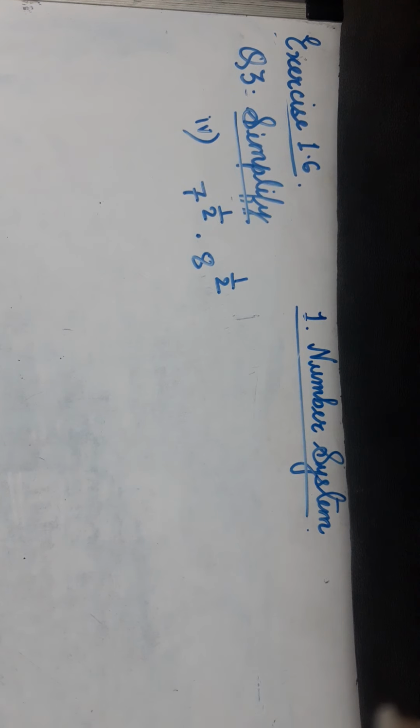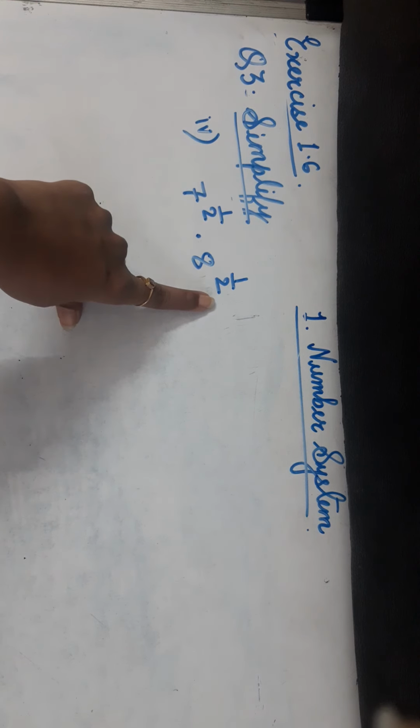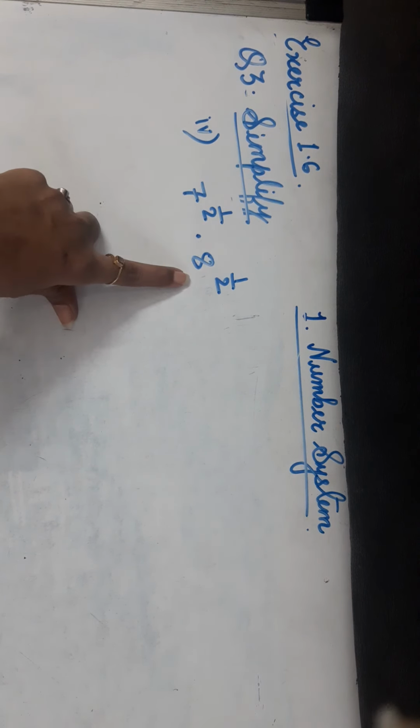The next question is 7 raised to 1 by 2 into 8 raised to 1 by 2. Now you have to see the question very carefully. The bases are different and the powers are same. Remember, you always check the bases before solving it.